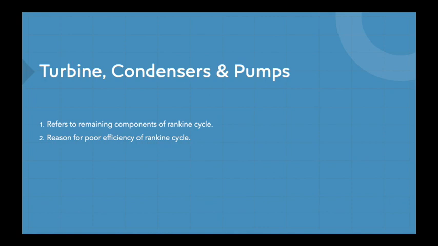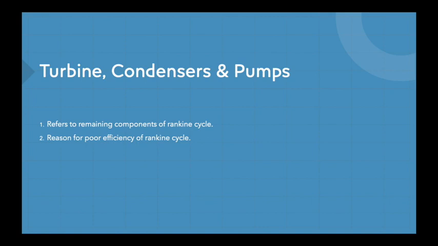Now, the main culprit of efficiency loss in a Rankine cycle is the condenser, because the heat rejected by a condenser to a cooling water cannot be recovered. So, therefore, we have to leave this latent heat out of the system, and since this steam heat cannot be recovered, the loss is a very large one.